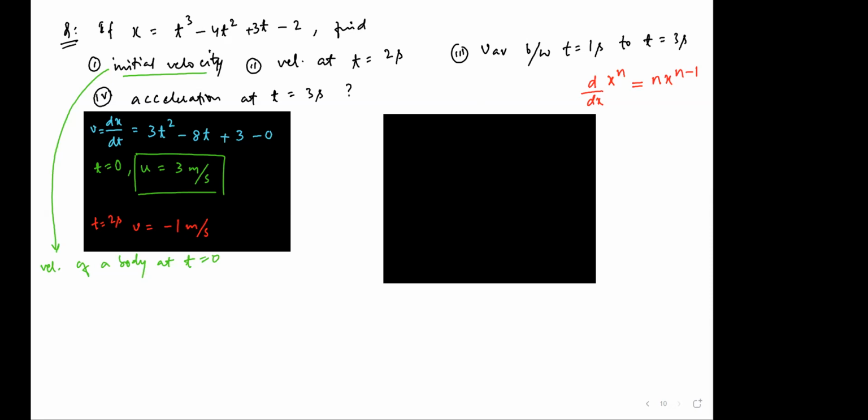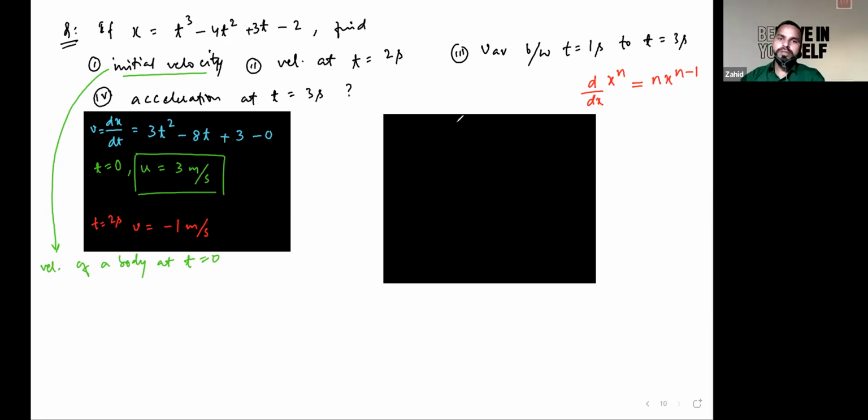Now the third part is to find average velocity between t equals 1 second and t equals 3 seconds. Just put the value of t initial, which is 1 second, in the expression of displacement, so you will get initial displacement. Similarly, if you put the value of t final to be 3 seconds, you will get final displacement.